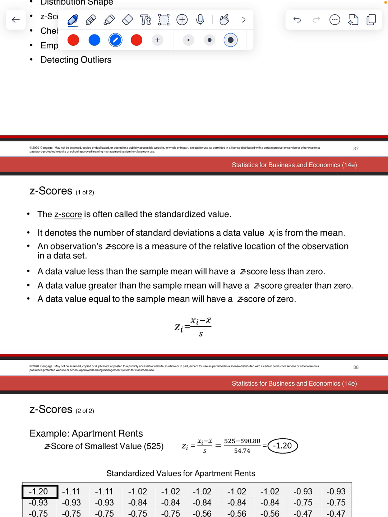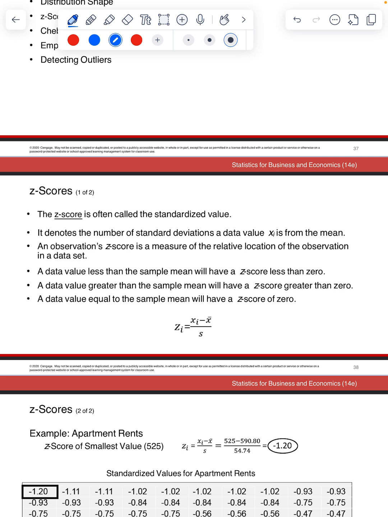But the z-score is often called our standardized value. And the z-score tells us how many standard deviations data is from our mean. An observation's z-score is a measure of the relative location of the observation in the data set.